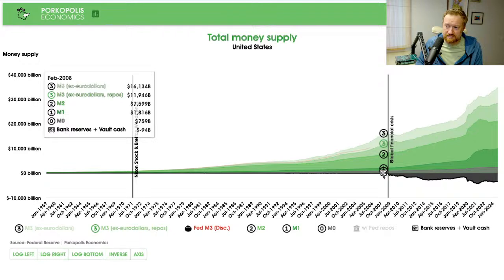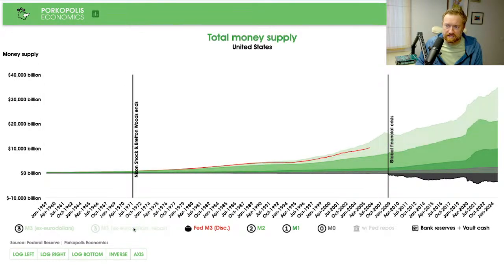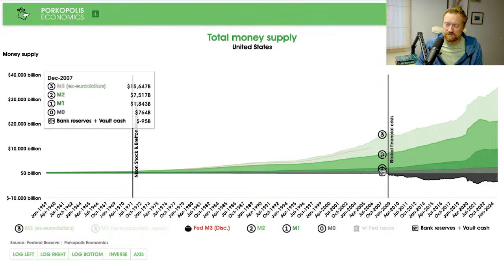And in particular, as I talked about, let's take off this section, which just shows the difference between the repo market in M3 and the large time deposit market and institutional money market fund. This M3 supply right here, which I have calculated, you can see that the delta increases from M2.